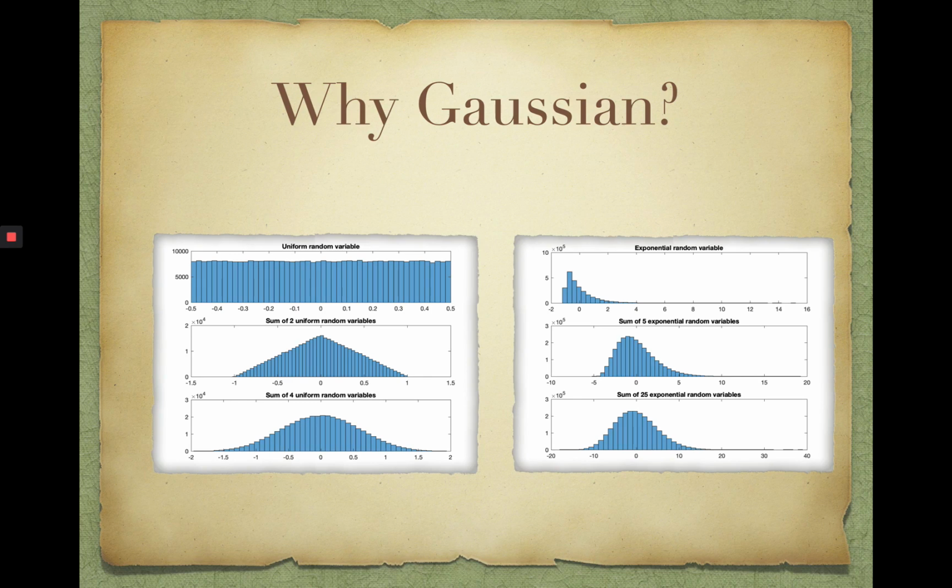Now, what happens when I take two of that same size and add them together? I don't get a uniform random variable anymore. The second one down is two random variables, again around a million each, added together.